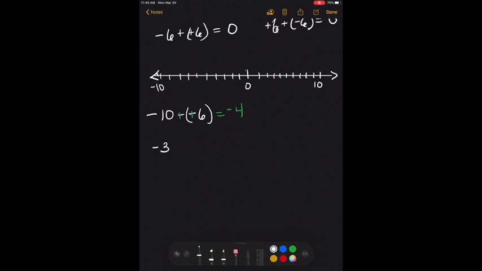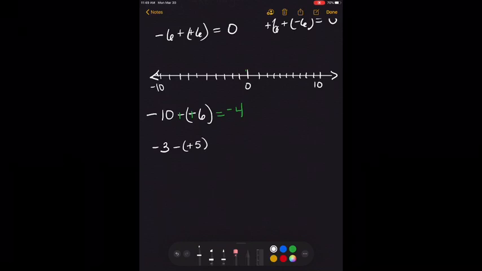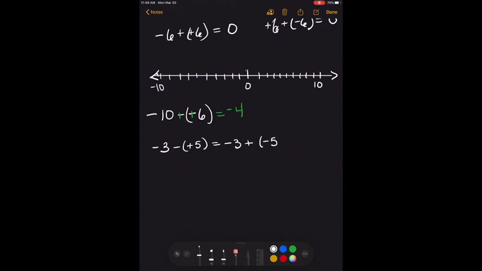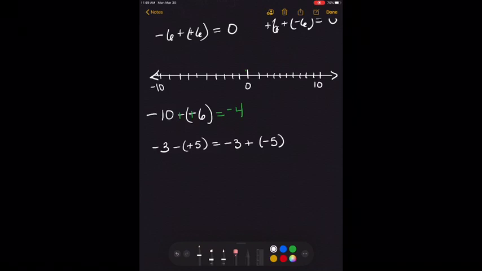-3 minus +5. Okay. First thing I want you to see is that this is the same as negative 3 plus negative 5. Okay, in algebra we like to use addition because you can do addition in any order.